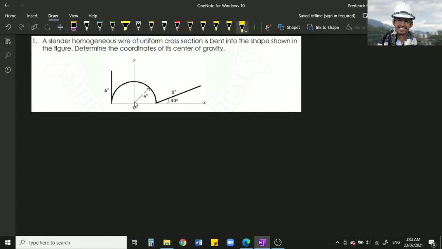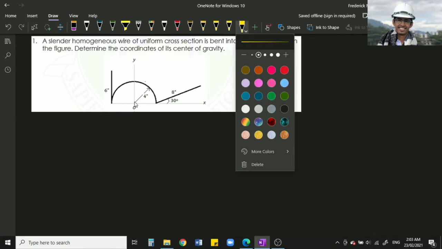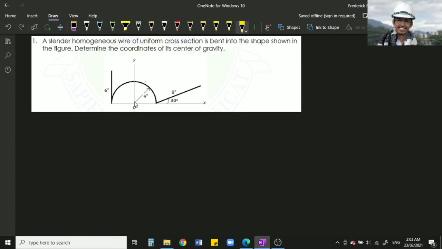Okay? So first is pwede nating i-divide into 3 parts para mas madali nating makuha yung center of gravity niya. Okay? So mas maganda maggawa tayo ng table para makuha natin. Okay? So yung first figure natin will be ito. Second figure will be ito. And third figure will be itong line na to. Okay?